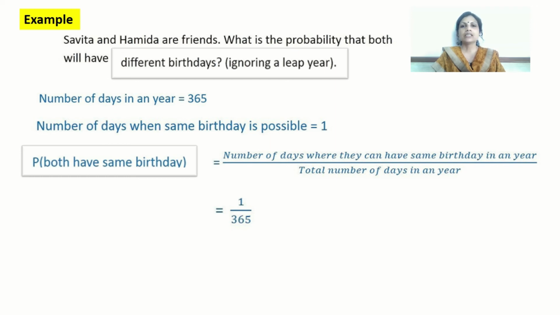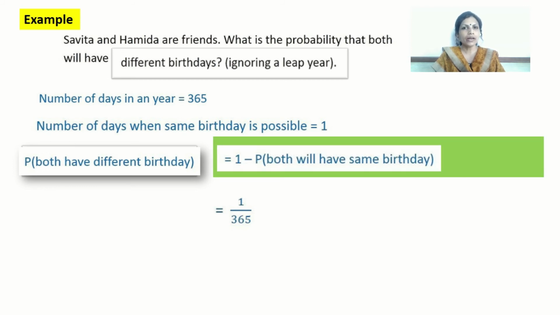So again we have total number of days in a year as 365. We can solve this sum by using the formula P of E plus P of E bar is equal to 1, and then rearranging the terms and getting our answer. So probability that both will have the different birthday is equal to 1 minus probability that both will have same birthday, because we have just calculated the probability of both having the same birthday, so we can make use of this.